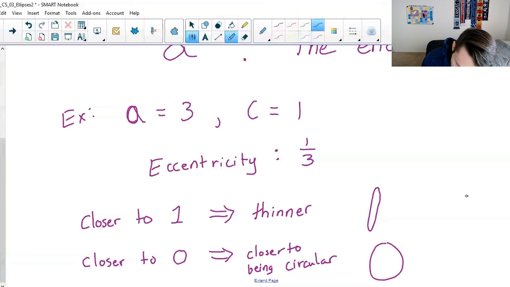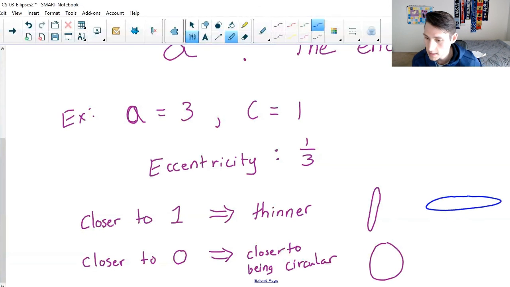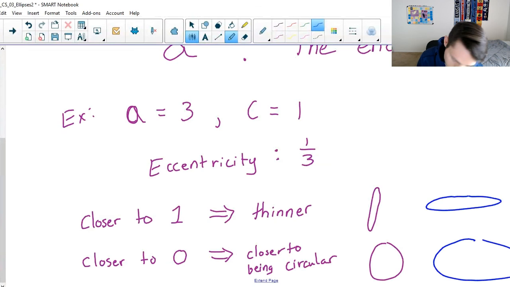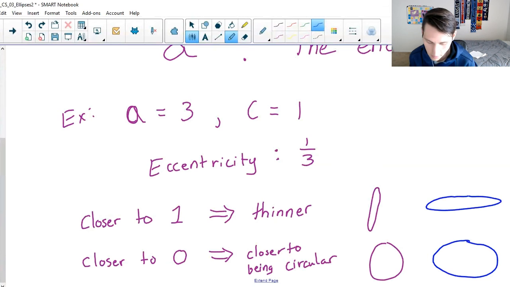So a horizontal ellipse, if the eccentricity was closer to 1, then the thinner it is. I guess that wasn't a good example. Closer to 0, it's more circular.